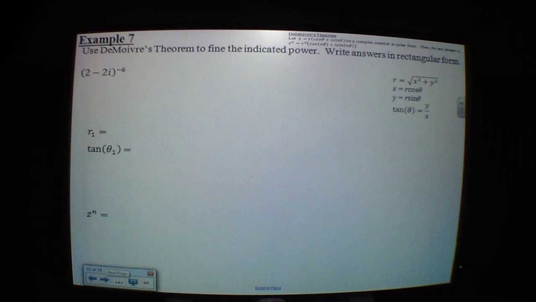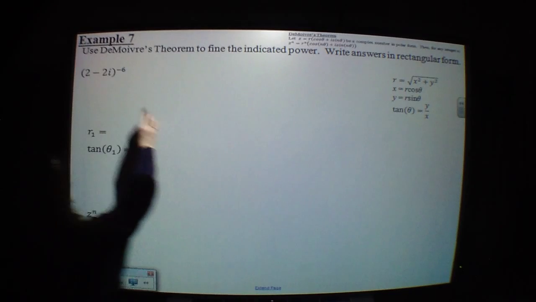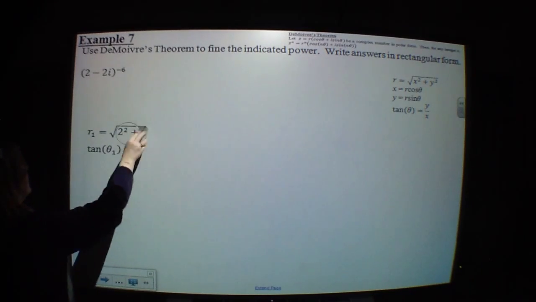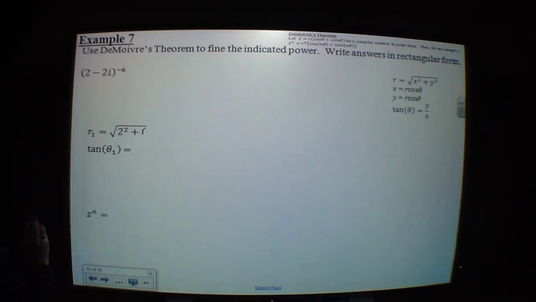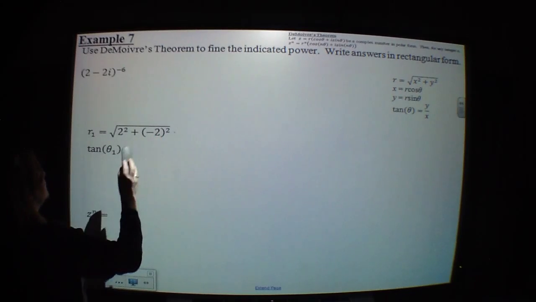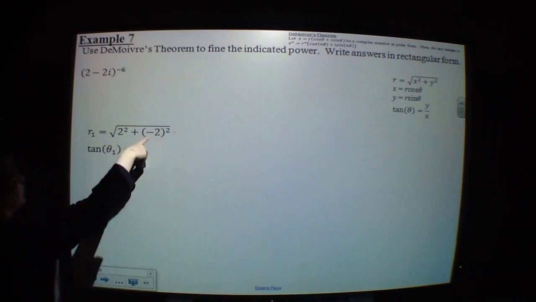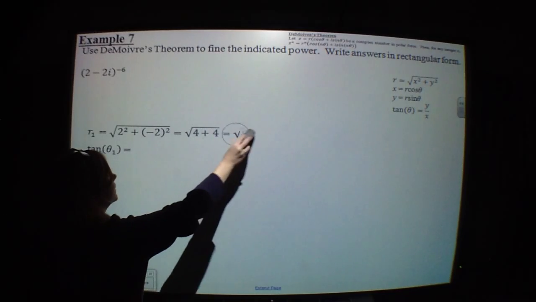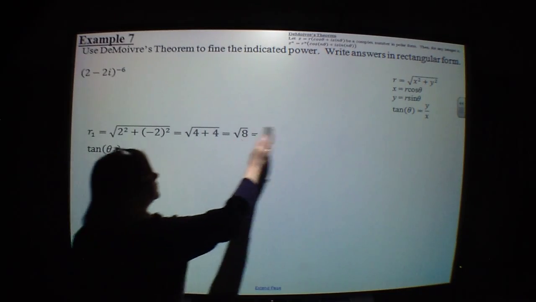Next one, use the theorem to find the indicated power. 2 minus 2i to the -6th. Well, when we're doing this, r is the first one squared plus the second one squared, and you take the square root. So 4 plus 4 is 8, which is 2 radical 2.